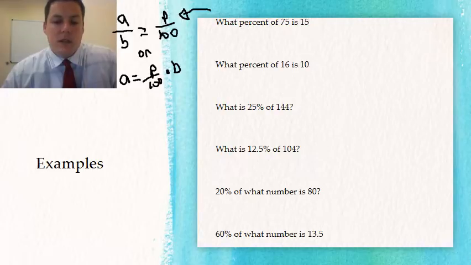If we have the percentage, it's easier to use the bottom one. So if we want to know the percentage, we use the percent proportion. If we have the percentage, we use the percent equation.